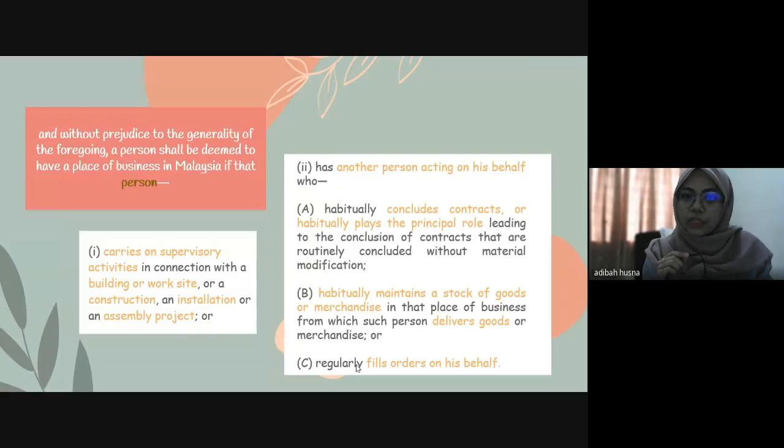B, habitually maintains a stock of goods from which such person delivers goods or merchandise, or regularly fills orders on his behalf. For example, a non-resident company distributes its product in Malaysia through an agent in Malaysia. Upon receiving an order, the agent fills the order and delivers the product directly to the customer in Malaysia. So the income of that person should be deemed to be derived from Malaysia from the business.